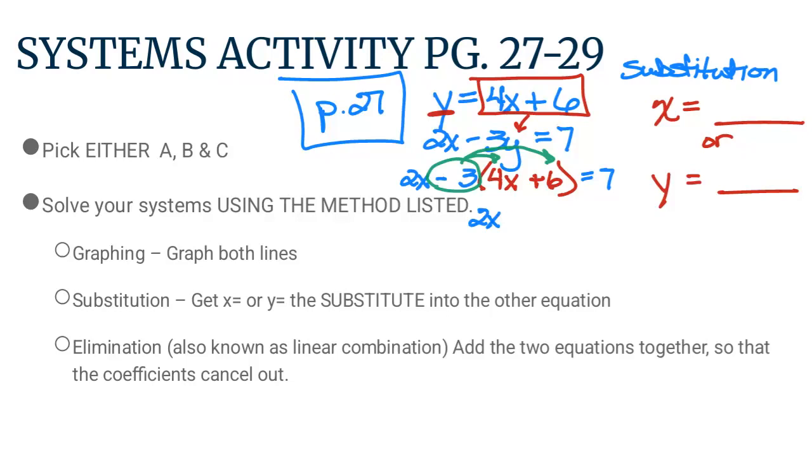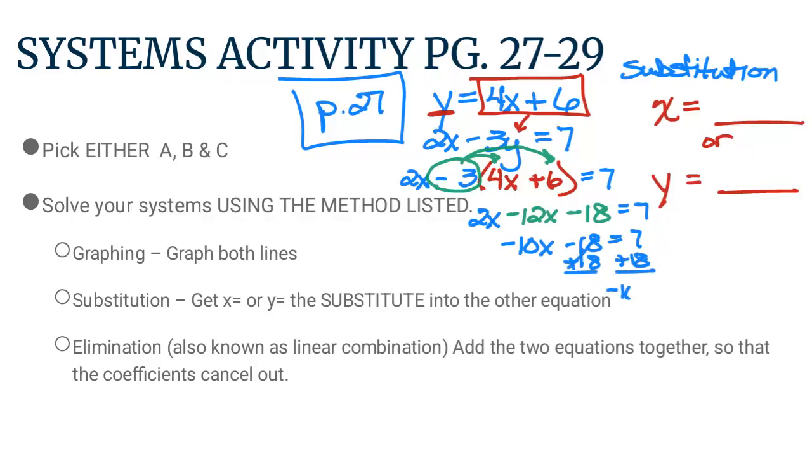So that is going to be -12x minus 18 equals 7. Okay. So 2x minus 12x, that would give me -10x minus 18 equals 7. I'm trying to solve for my x value here, so I would add 18 to both sides.